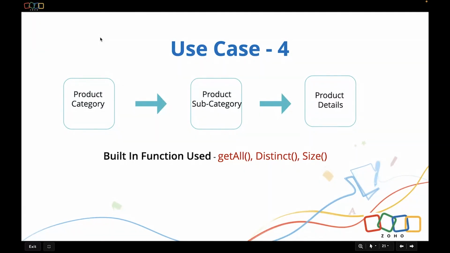So we'll be using dynamic pick list over here to dynamically enter values inside the product details form, wherein if I select a category, only the values of that category should be listed underneath in the drop down, right? So let's see how you will be able to do that. We'll be using the built-in functions get all, distinct, and size for this.